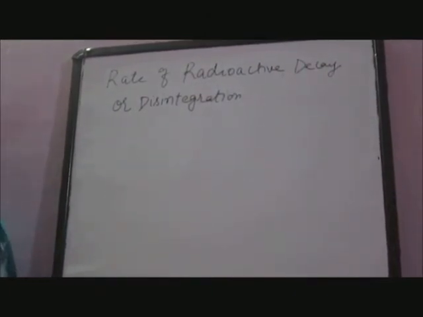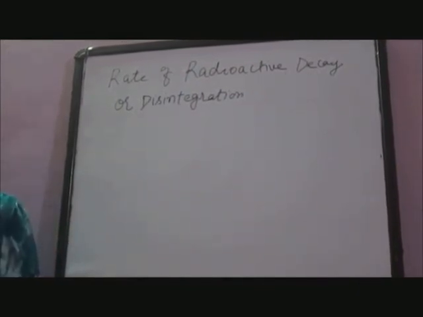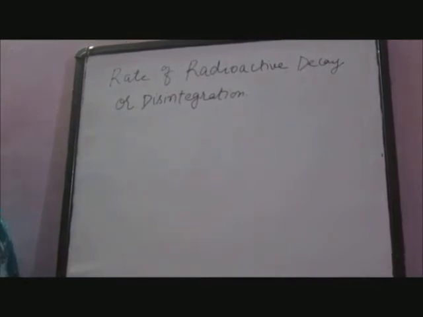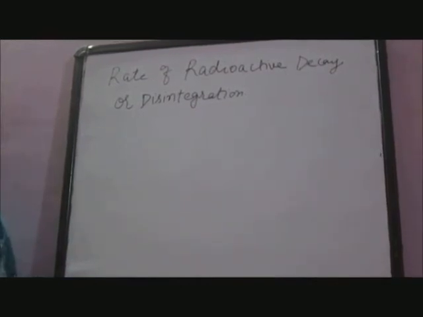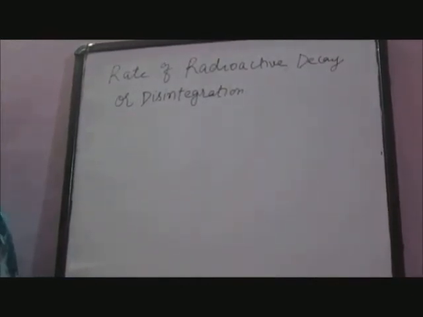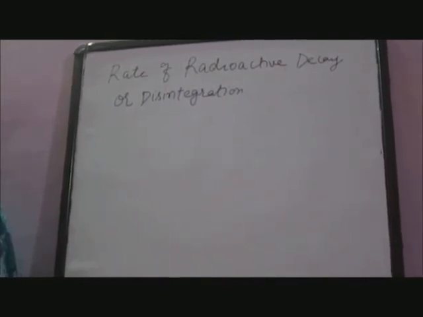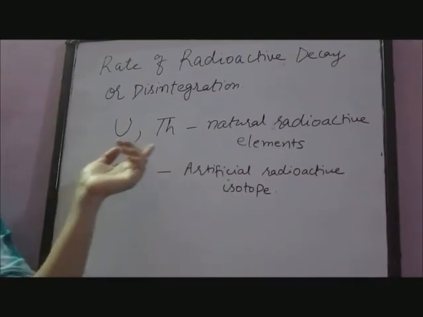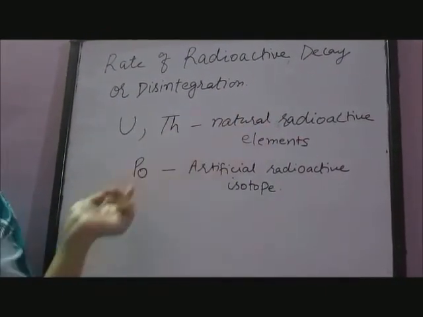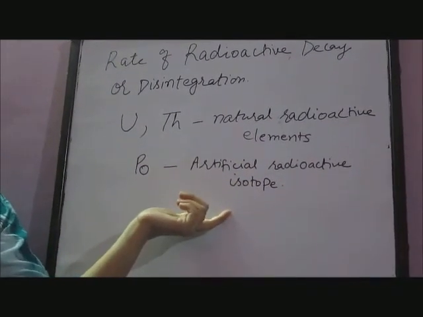On the other hand, certain elements do not show radioactivity, but on bombardment with some particles like neutron, proton, they produce radioactive isotopes, and this phenomenon is called artificial radioactivity. For example, uranium and thorium are natural radioactive elements and polonium is an artificial radioactive isotope.